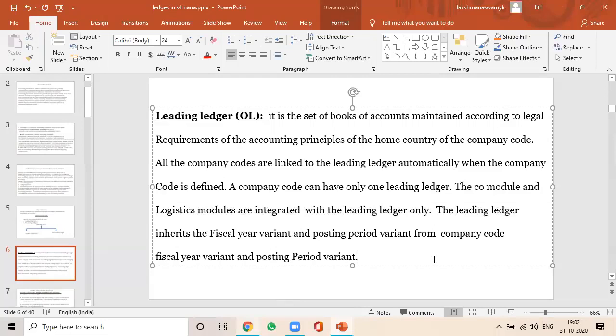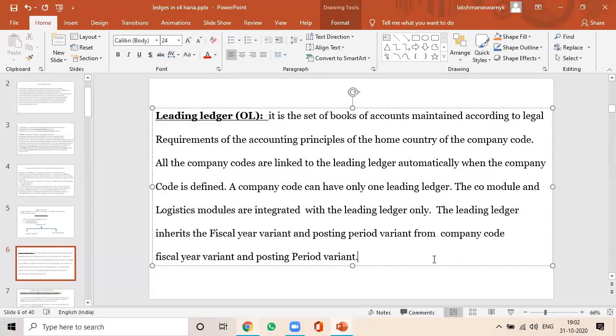You know, right? You have done some postings in FI. So whenever you post expenses in FI, that is nothing but your leading ledger. From the leading ledger, you are posting it to cost center accounting, internal order accounting, profit centers, cost objects, etc., right? That means the transactions from the leading ledger only are posted to the controlling component. Similarly, when you have issued raw material and you have posted that, the respective GL accounts are updated in FI. What does it mean?